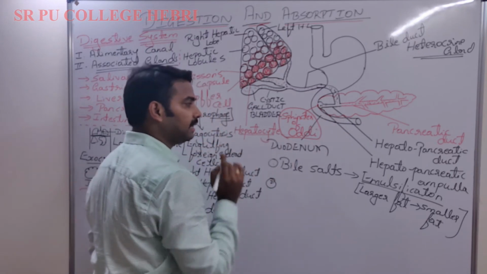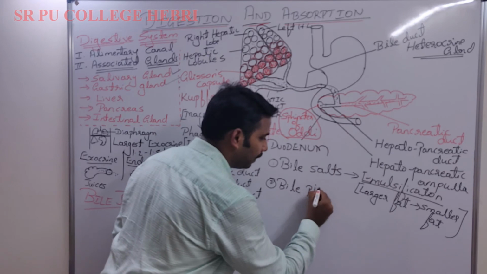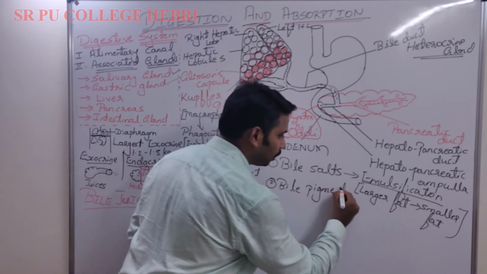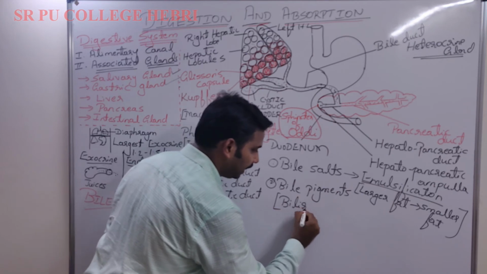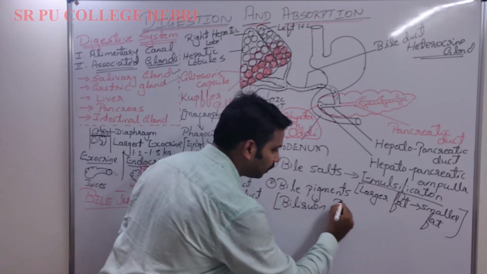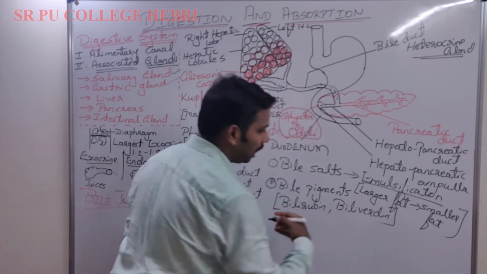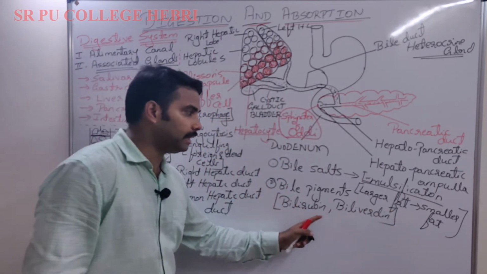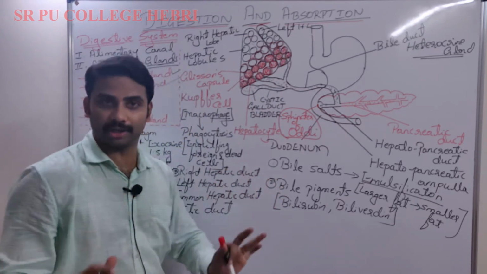What else is there in the bile juice? It has bile pigments. What are they? One is bilirubin, another one is biliverdin. What are the two bile pigments? Bilirubin and biliverdin. What is the function? No function.